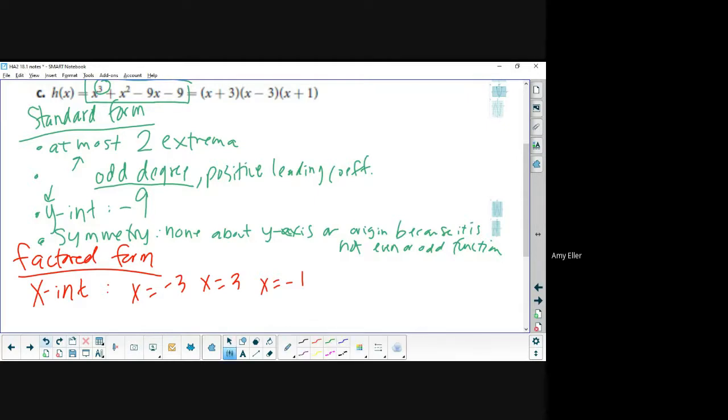Now we're going to graph just this information. So your graph can be a very rough sketch. You don't need graph paper. Just a simple X, Y axis. I'm going to graph my x-intercepts first.